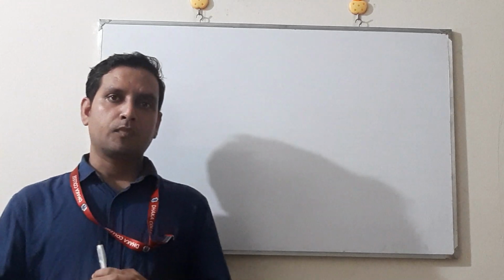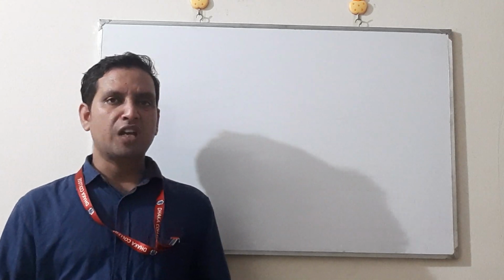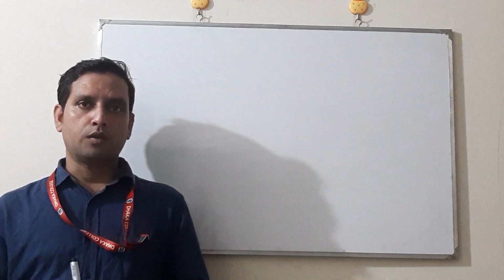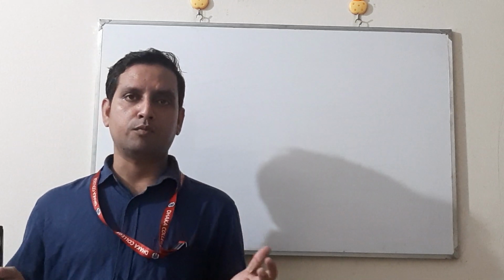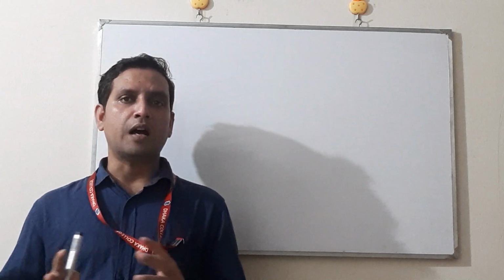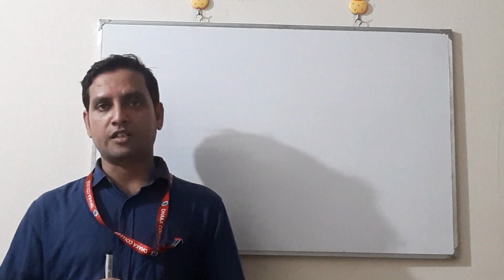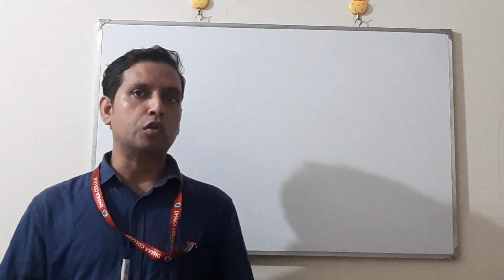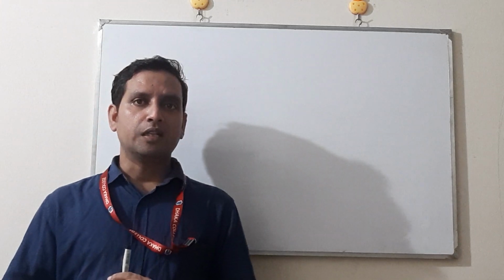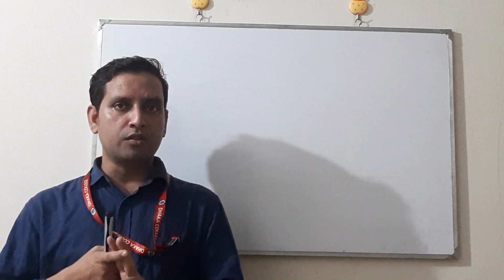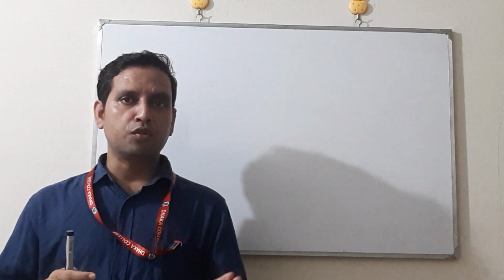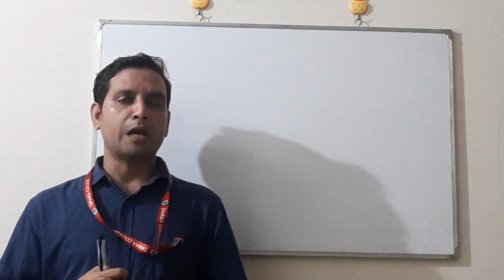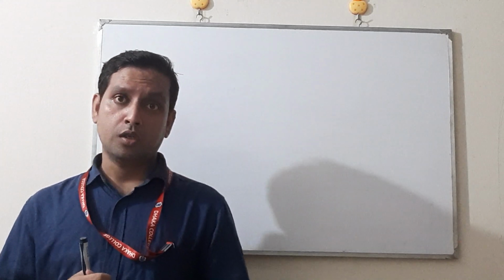I think the net income approach and the net operating income approach stand in extreme forms. Both of these stand in extreme forms. But the traditional approach stands on the midway between the two methods, the NI approach and the NOI approach.